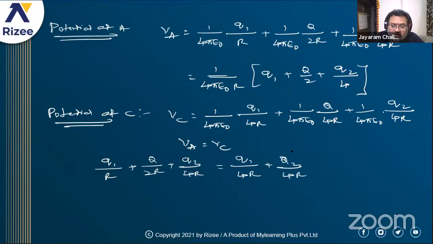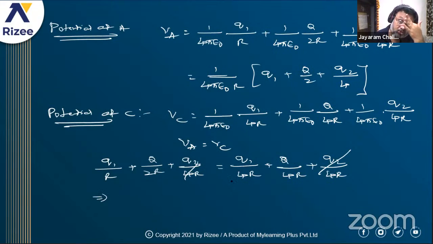What is the Q2 value? It is Q only. So that means this is Q by 4R plus the outside charge Q2 by 4R. So when I remove these two terms, we can determine the value of the small q1.